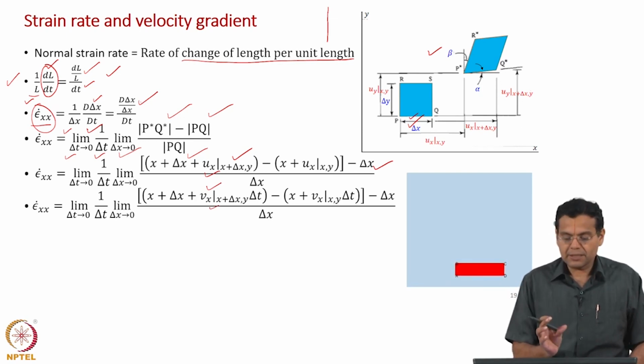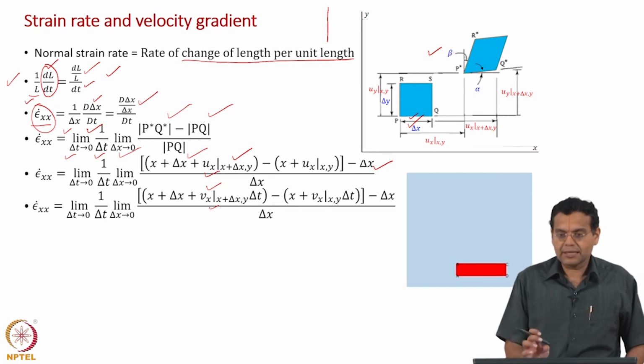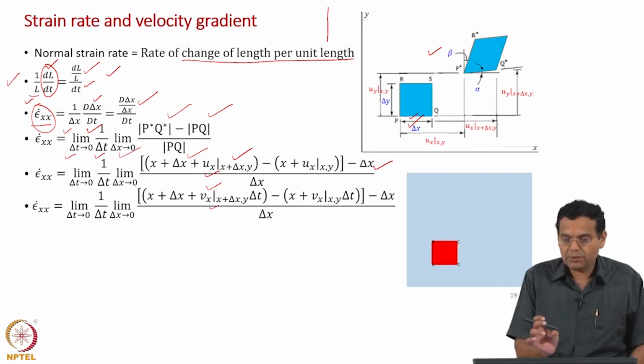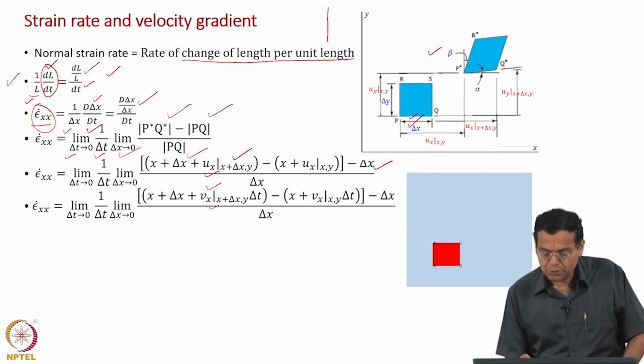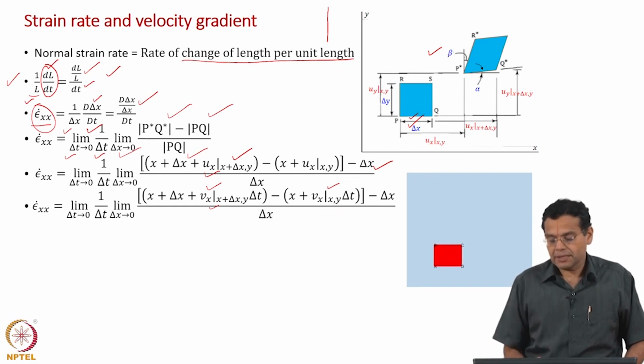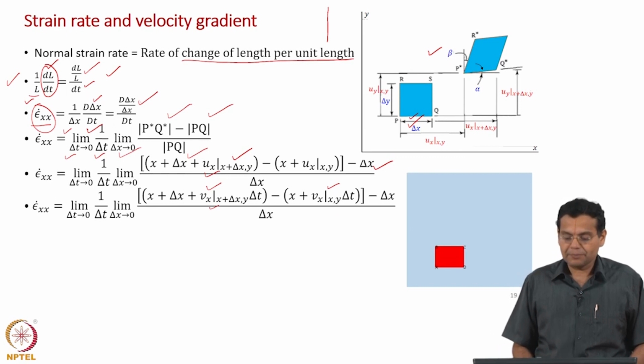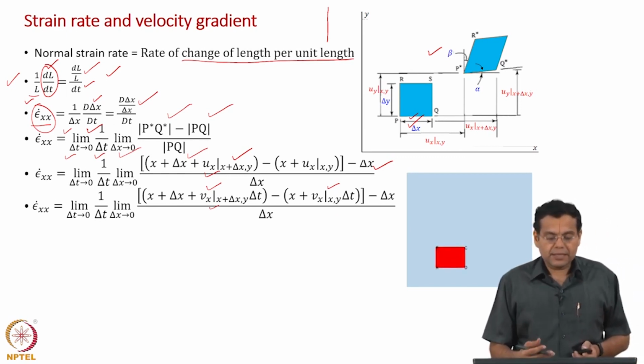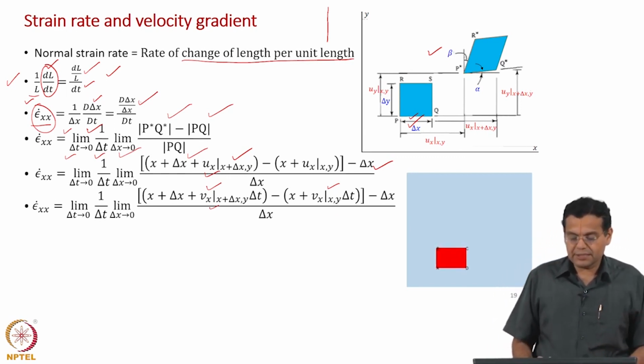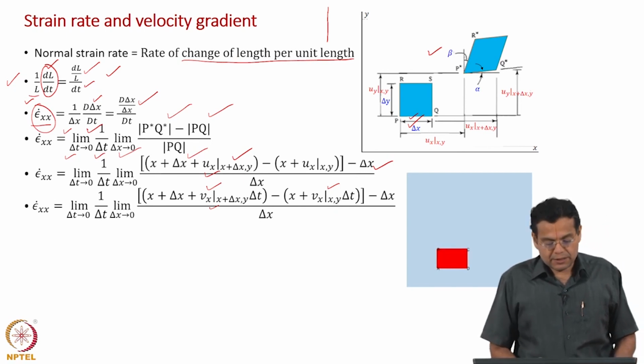Displacement is equal to velocity into delta t, and that velocity is averaged over that small time interval delta t. Similarly, ux at x comma y is written as Vx at x comma y into delta t. That is the step which differentiates this derivation.